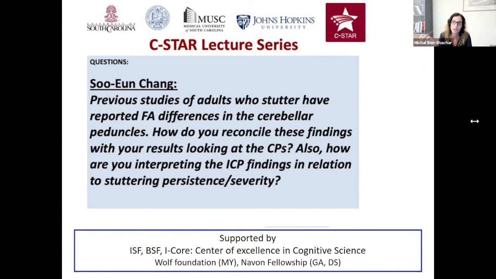Initially we conducted a completely different analysis compared to theirs, so we said, okay, different analysis, maybe that's the reason. So we repeated the exact protocol that they carried out on their data, and we still couldn't replicate the differences in the cerebellar peduncles. Even when we defined these regions of interest manually on every individual, we still couldn't replicate the effect.